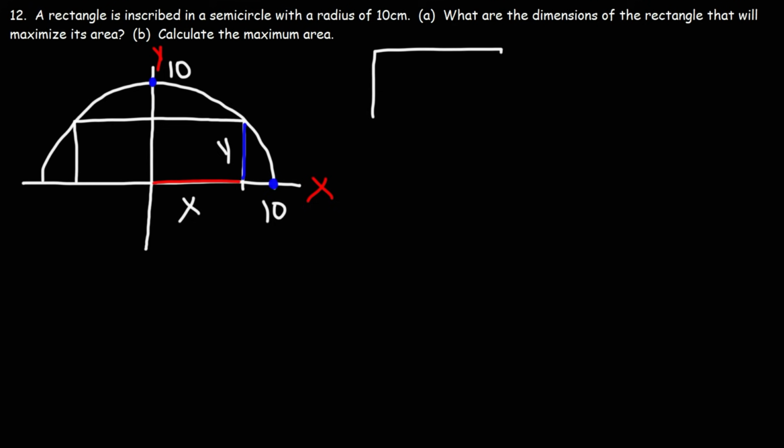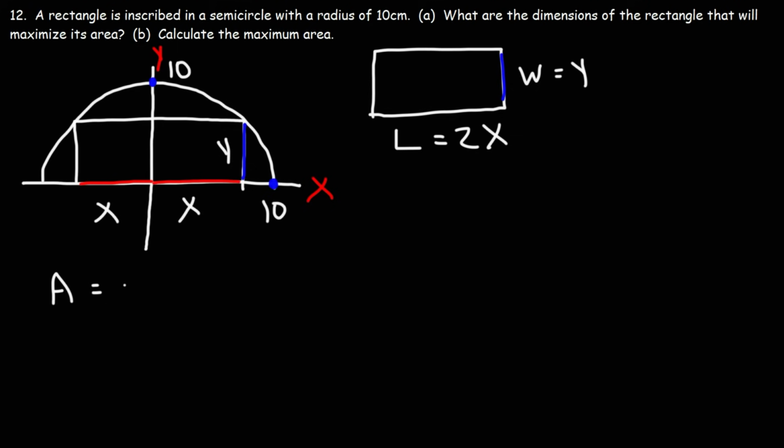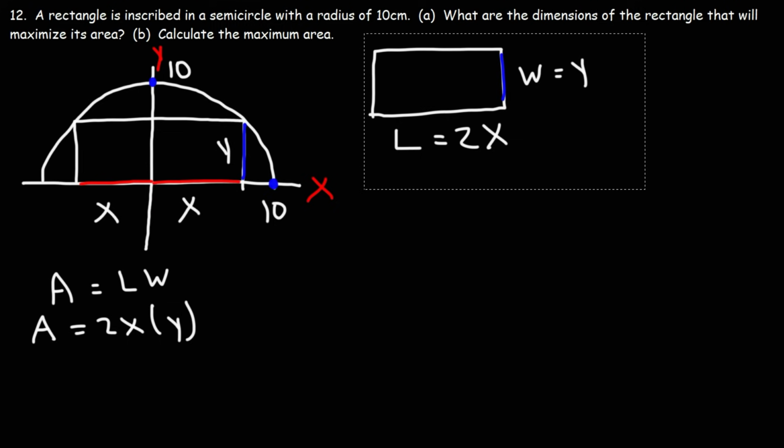So drawing a rectangle like this, we can see that the length of the rectangle is x and x, so it's 2x, and the width of the rectangle is this portion, which is y. So the area of the rectangle is length times width. The length is 2x, the width is y. So the area is just 2x times y.